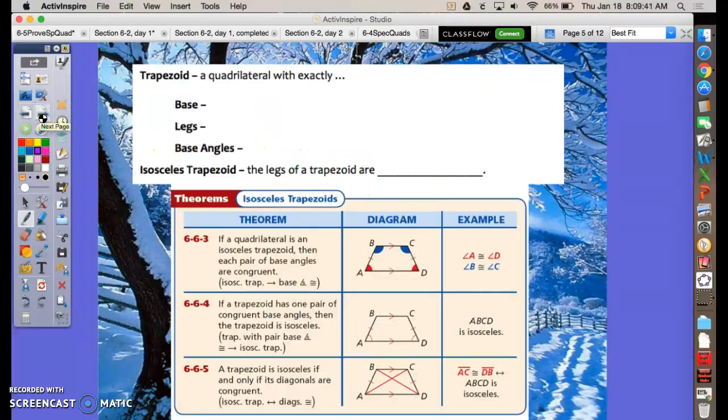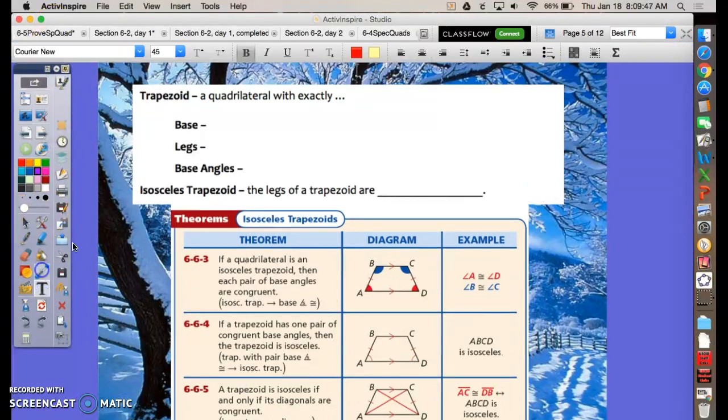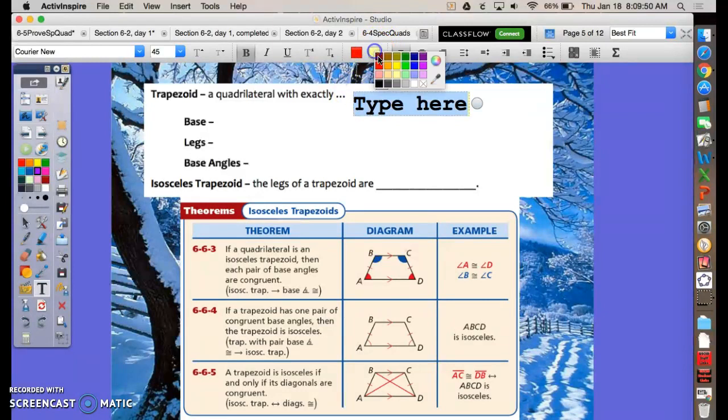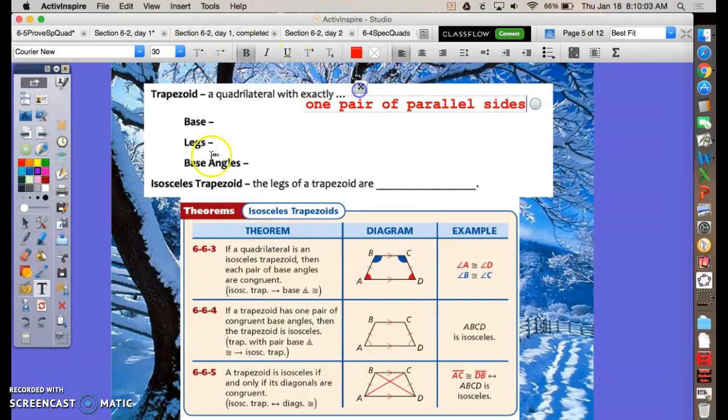All right, excellent. So what is a trapezoid? A trapezoid is a quadrilateral with exactly 1 pair of parallel sides. The base is each of the parallel sides.